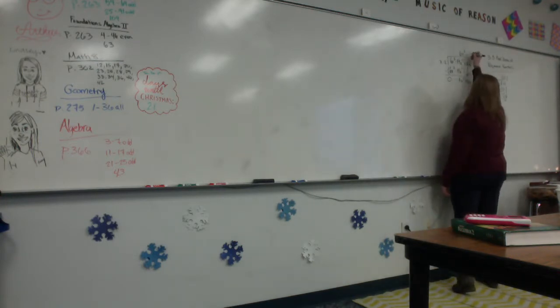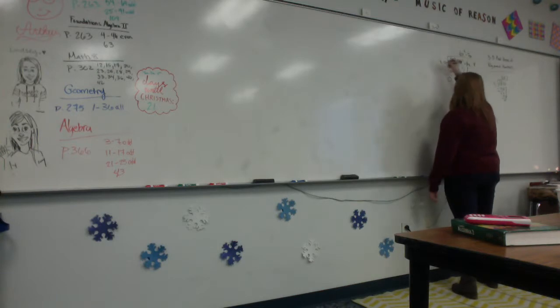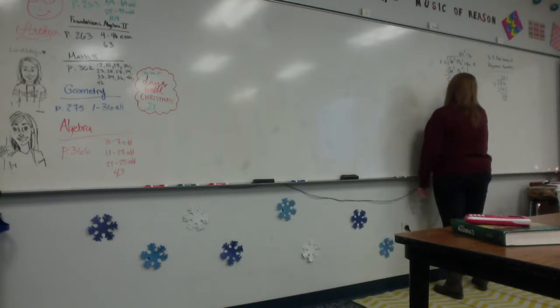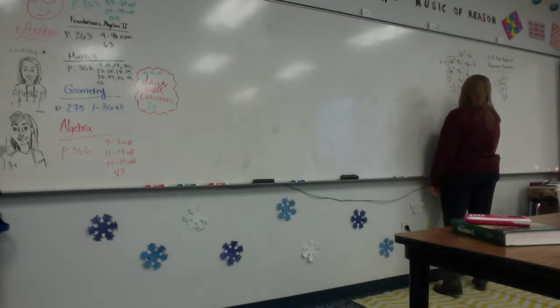So I have negative 7x times x, negative 7x squared. Negative 7x times negative 2, positive 14x. You subtract those again. When I subtract negative 7x squared minus negative 7x squared, I get 0. When I subtract 16x minus positive 14x, I get 2x, and I bring down the negative 4.